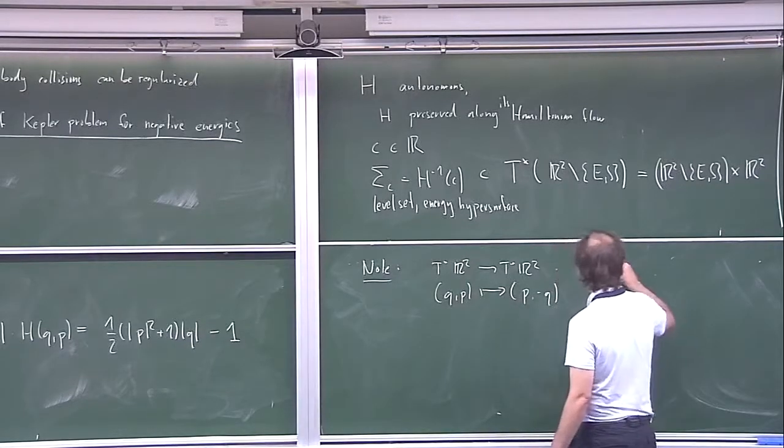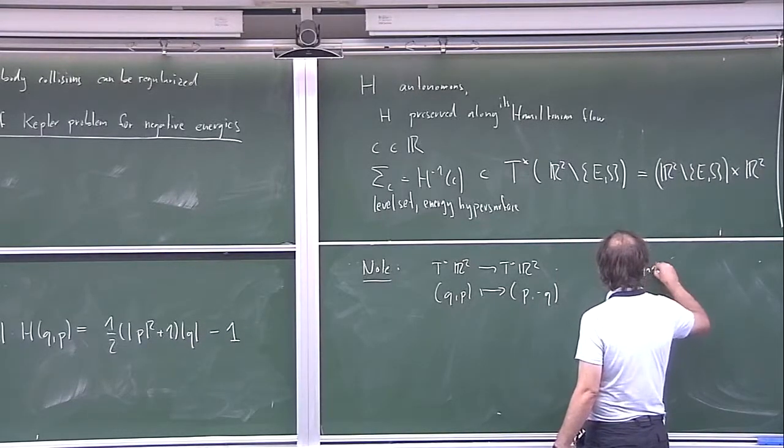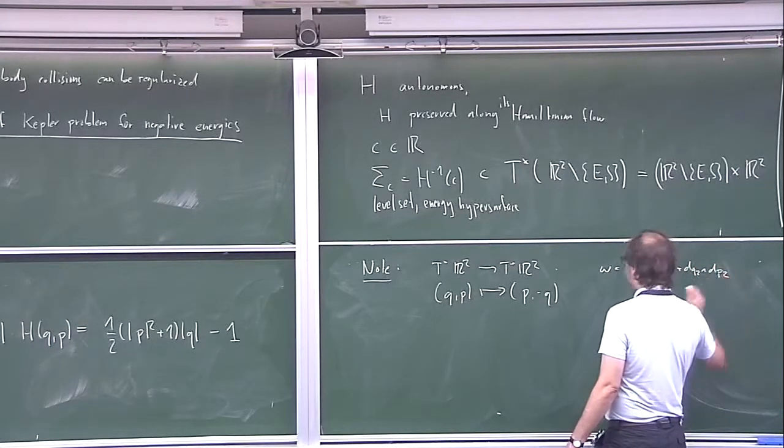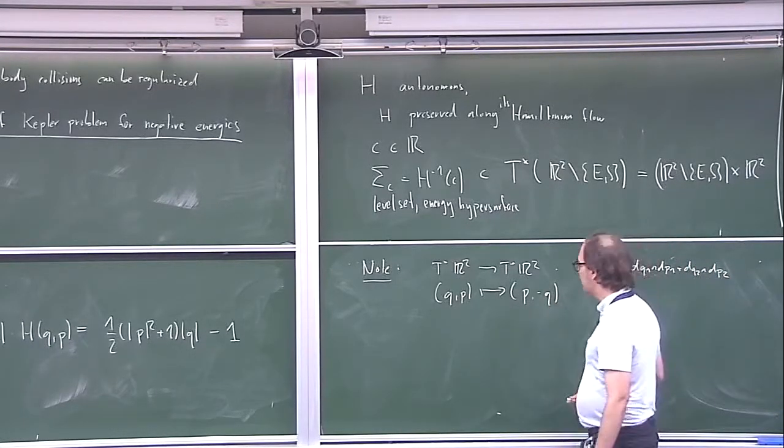The symplectic form here is just dq1 wedge dp1 plus dq2 wedge dp2, and a change like this is symplectic.